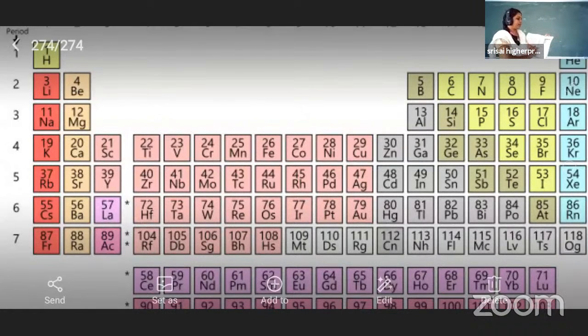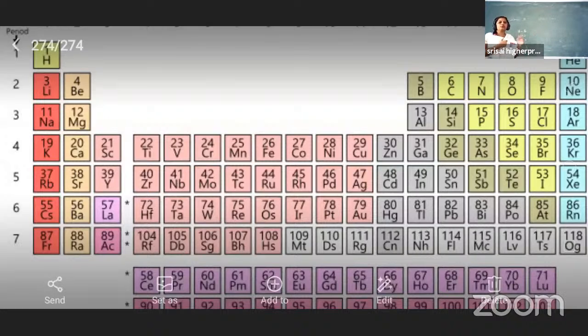Hydrogen's atomic number is 1, and its atomic mass is also 1. Here is carbon. The carbon atomic number is 6, and its atomic mass is 12.